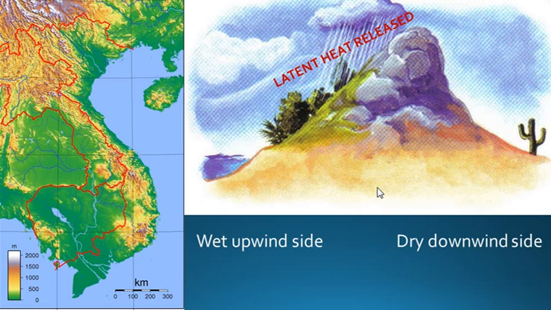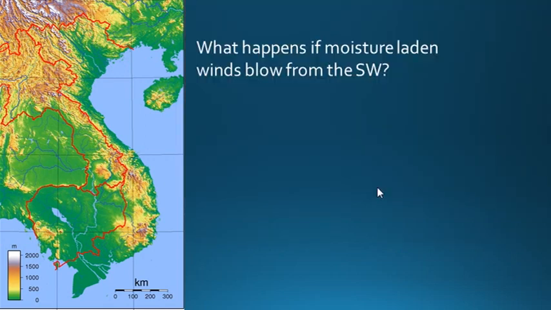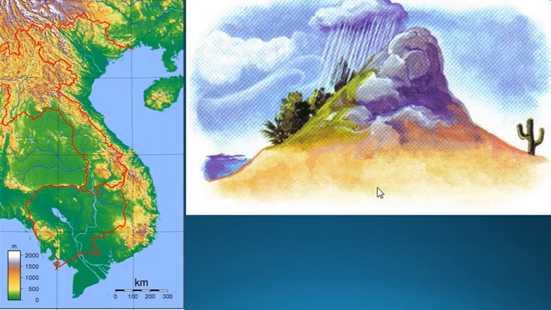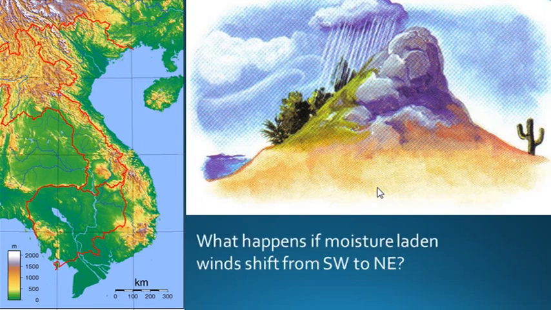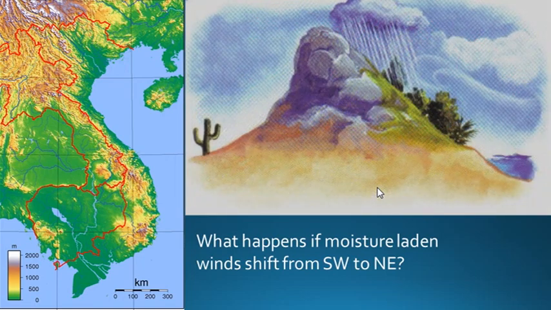Now these are winds blowing from the southwest. What happens if moisture-laden winds blow from the southwest? You get rain on the southwest side of the mountain and arid conditions northeast. But what happens if moisture-laden winds shift from southwest to northeast? The pattern of precipitation also changes.